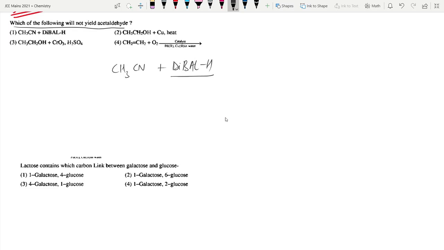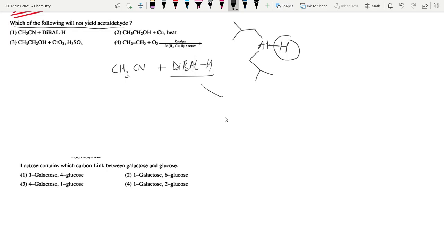It's diisobutylaluminium hydride. So two isobutyl groups, and isobutyl groups are like this. It can donate a hydrogen, but it's not a very strong reducing agent because it's not a hydride, right?